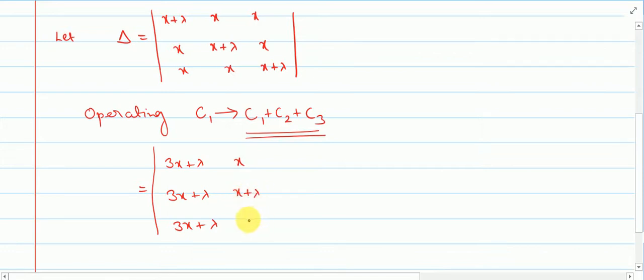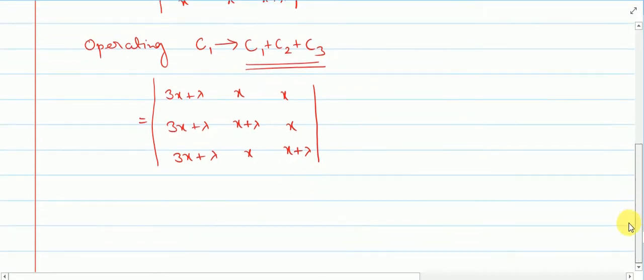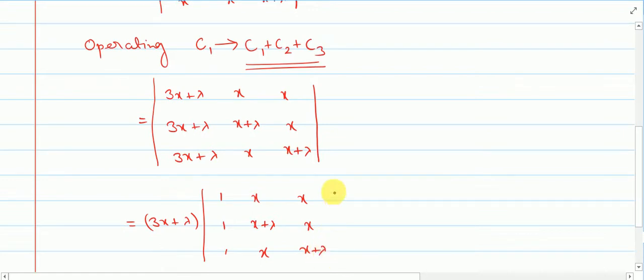So here you get, this is done. Now from the first column you will take this out common, 3x plus lambda. So you are left with 1 x plus lambda x plus lambda.